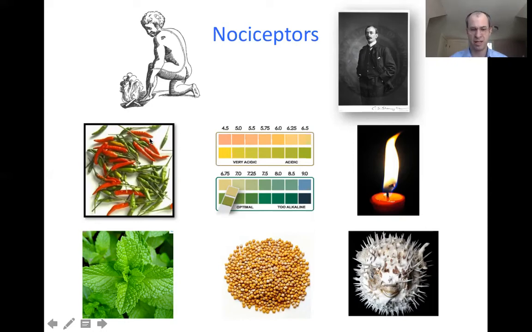It can respond, in addition to capsaicin, to extremes of pH and heat. There's the menthol receptor, TRPM8, and the receptor that responds to mustard oil and several other noxious compounds, TRPA1.